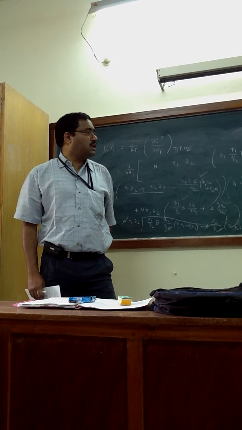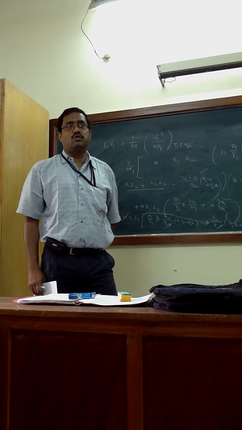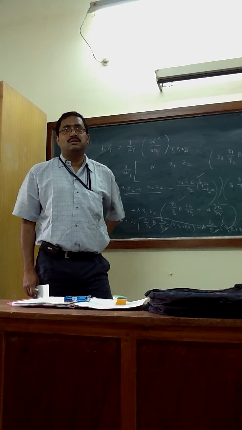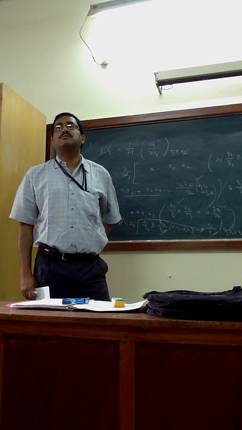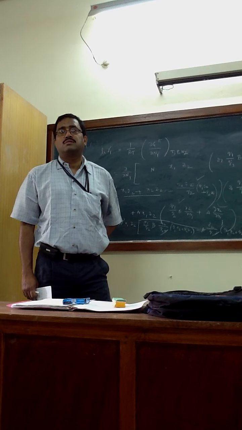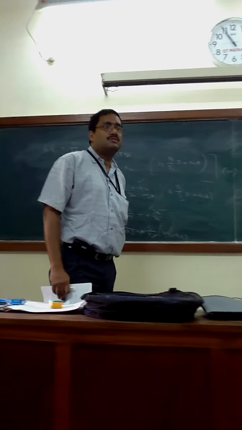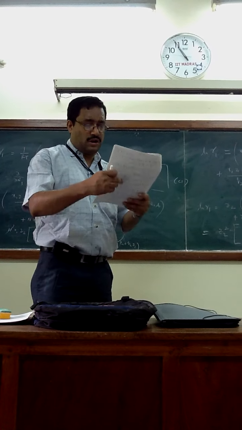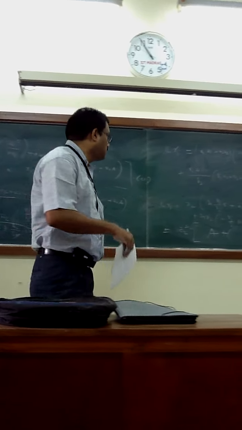I think you are very weak in algebra. That's what I am seeing in the class. School level algebra you have to struggle. Anybody got it? No. You cannot get today.